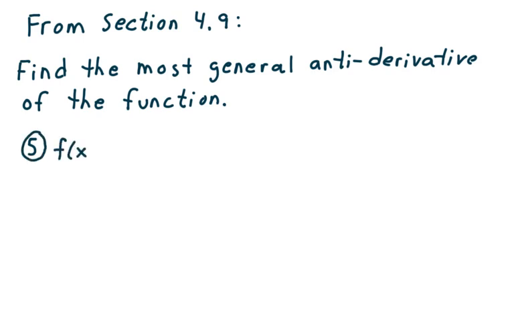Suppose f of x is equal to 4x plus 7. Okay? So we need to think of a function so that when we take its derivative, we get 4x plus 7. Now, something to keep in mind. I know the derivative of x squared is equal to 2x, correct?